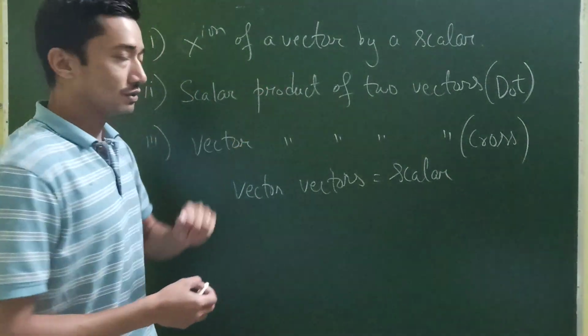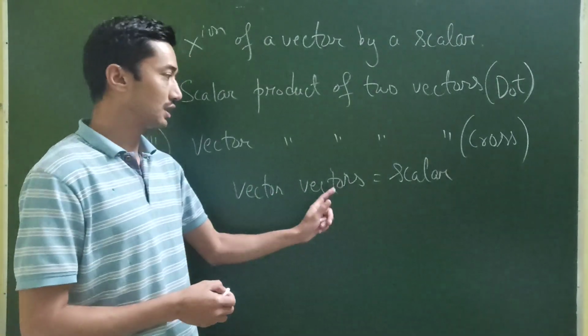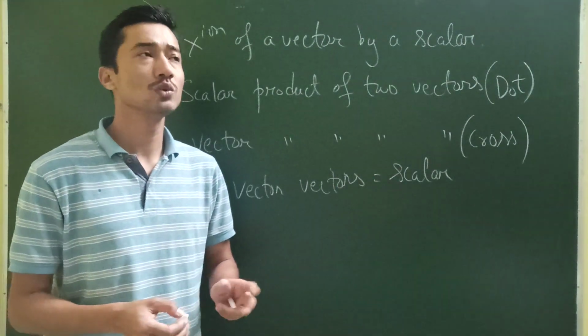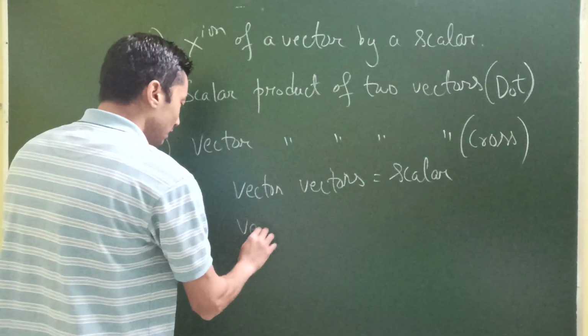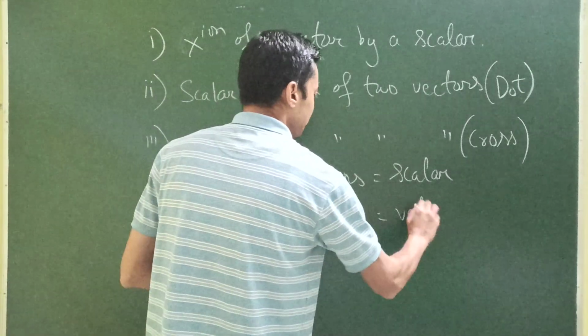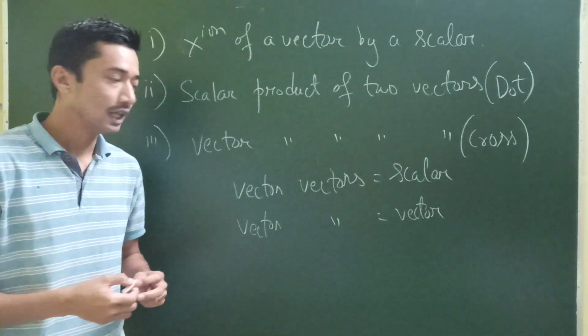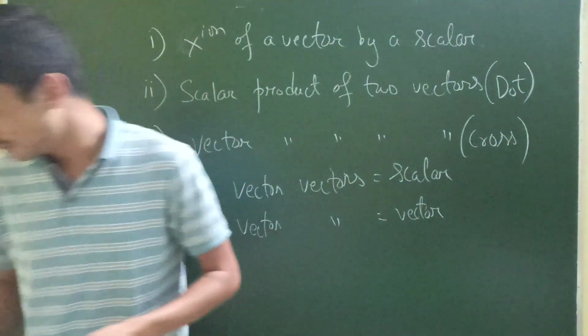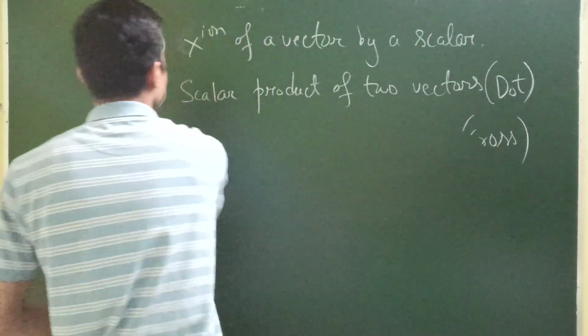In the scalar product of two vectors, you multiply two vectors and get a scalar. Then in the third one, when we multiply two vectors, we will be getting a vector quantity. So let's discuss these three topics one after the other.